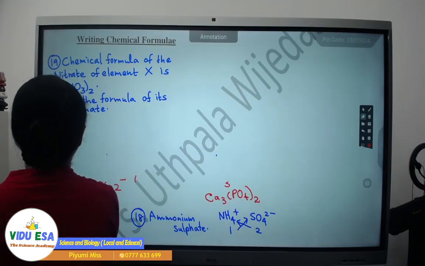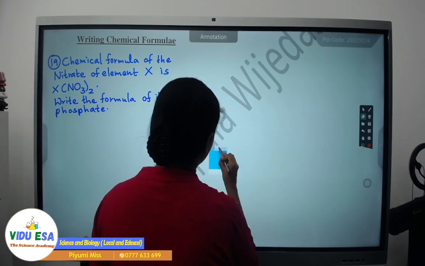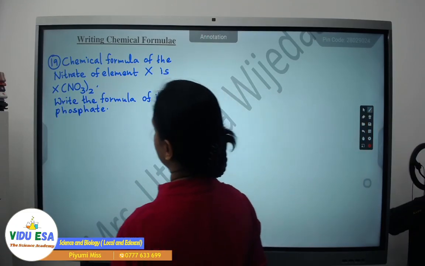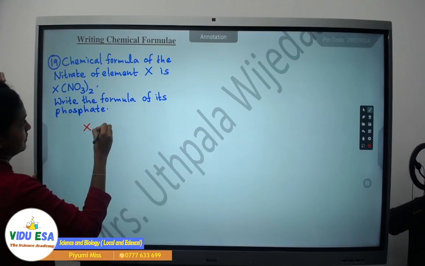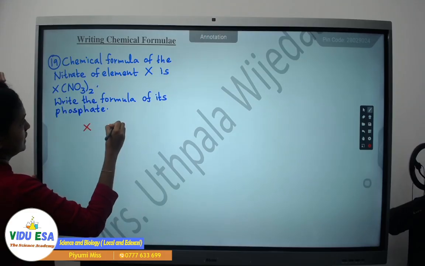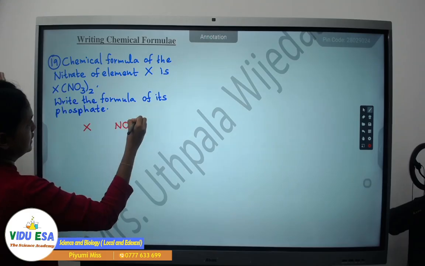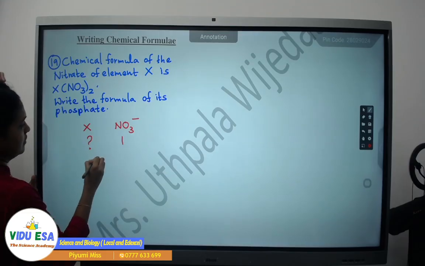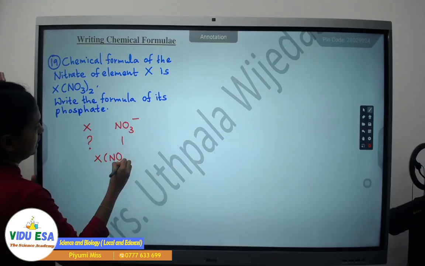Right? When we are writing a chemical formula, you know that we exchange the valencies, right? So the nitrate of element X is obtained as XNO3 twice, as they say. Nitrate, the valency is 1. We don't know the valency of X, but they say the formula of the nitrate is XNO3 twice.